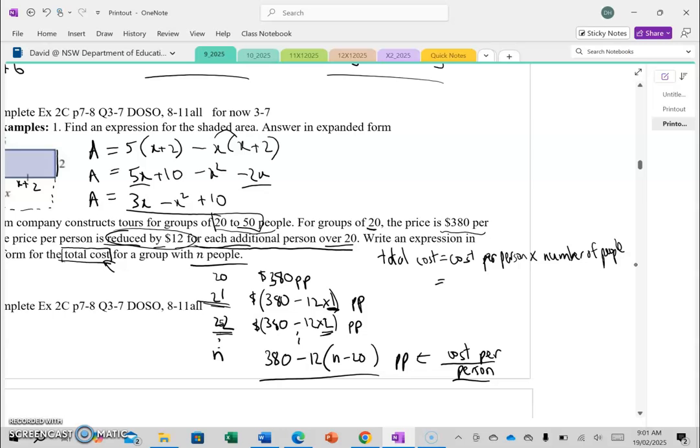So the cost per person we've worked out is 380 minus 12 bracket n minus 20. That's the cost per person, and then we need to take that and multiply by the number of people.